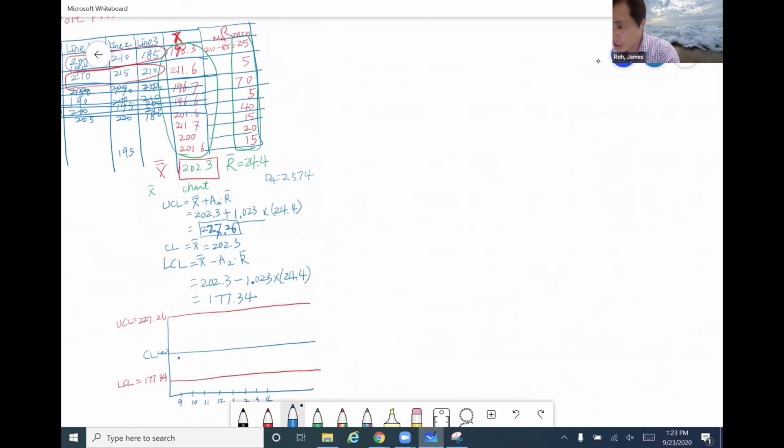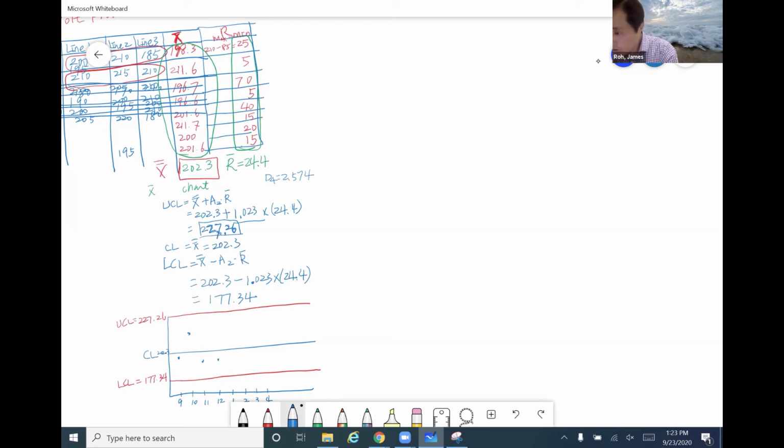And at 10 a.m., 211.6, so approximately about here. And at 11 o'clock, 196.7, so it's lower here. And 196.6 is there.